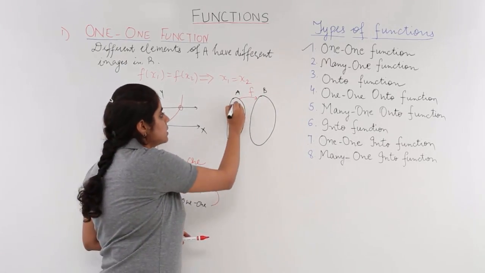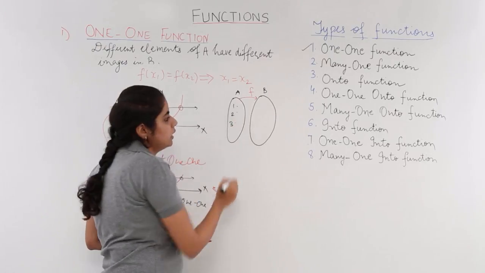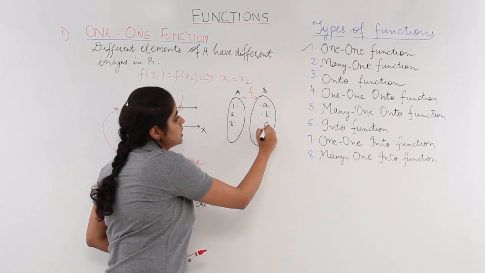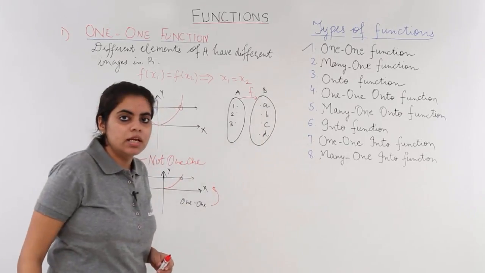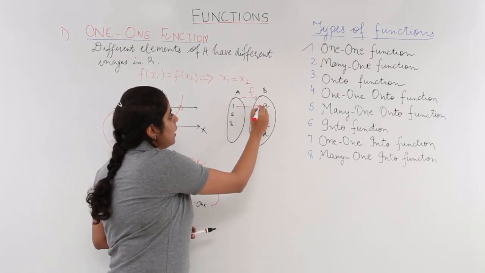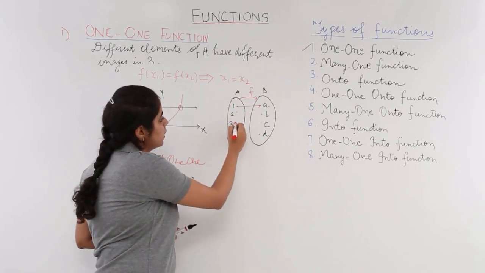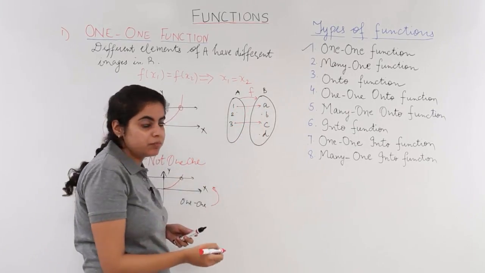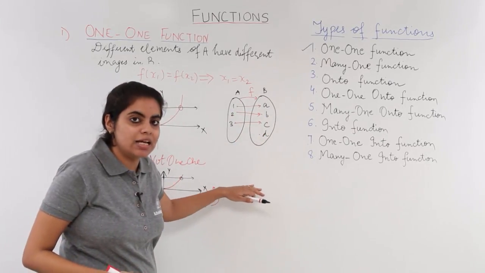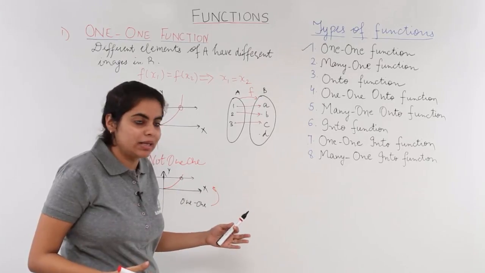There are different elements, say 1, 2, 3, and here also we have different elements, say a, b, c, d. Now the mapping is given to me as follows. 1 is related to a, 3 is related to c, 2 is related to b. This is a schematic diagram, arrow diagram or the mapping diagram.